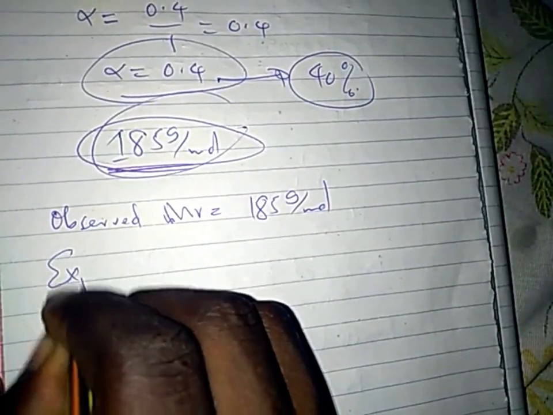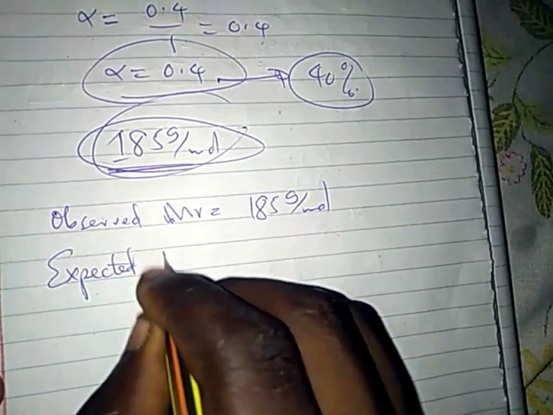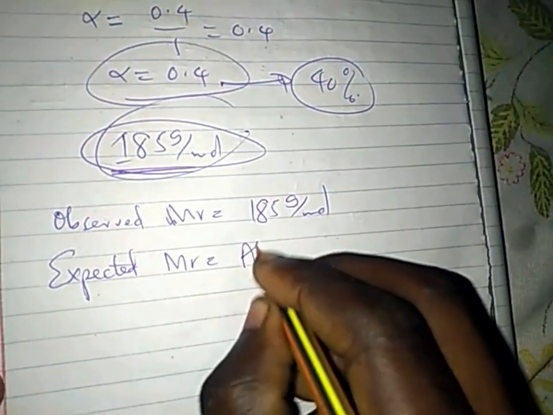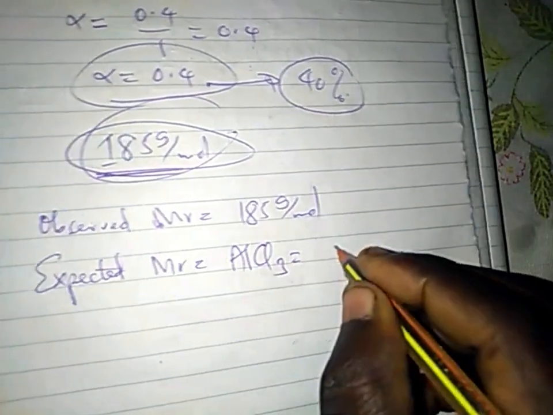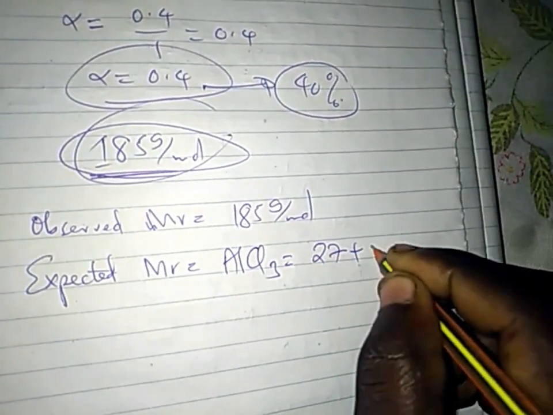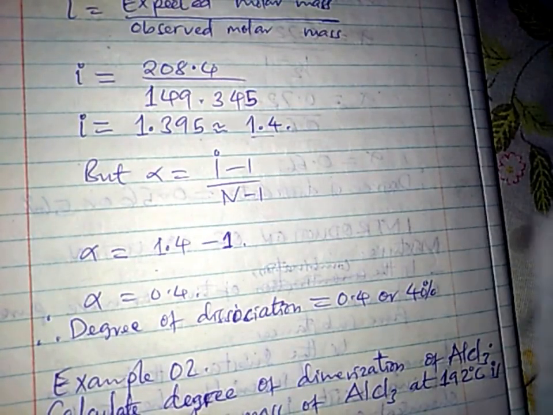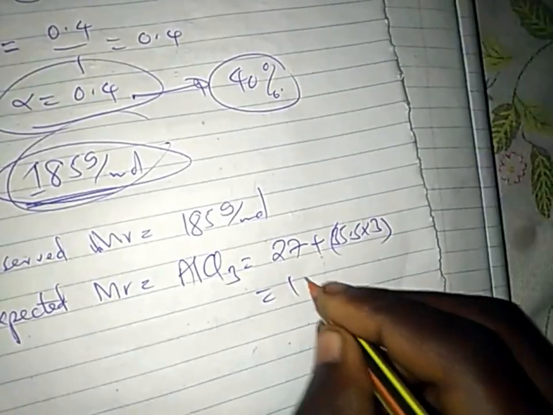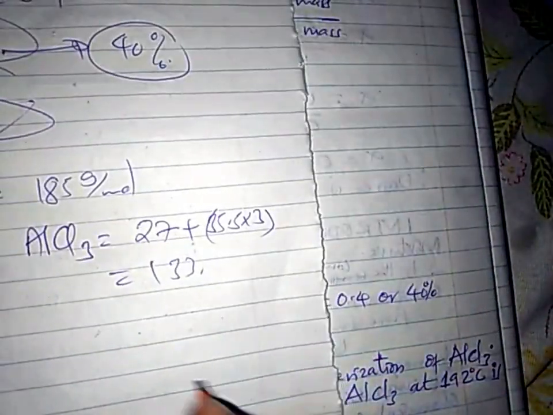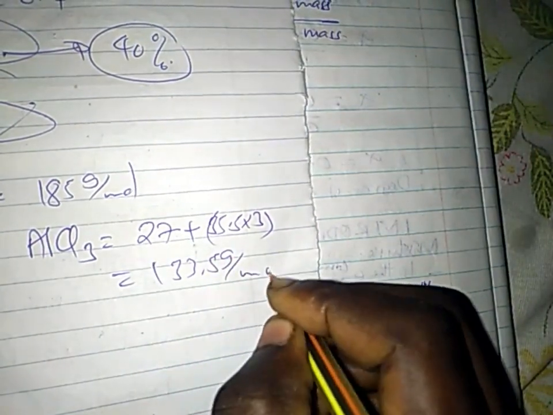Now let's calculate expected molar mass. Molar mass ya aluminium chloride itakuwa ngapi? So aluminium ni 27 plus chlorine 35.5 mara 3. 27 plus 35.5 mara 3 utapata expected molar mass 133.5 gram per mole.